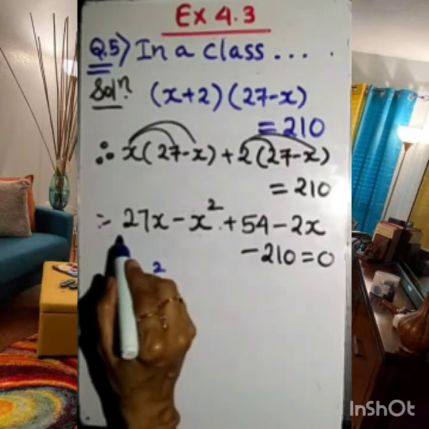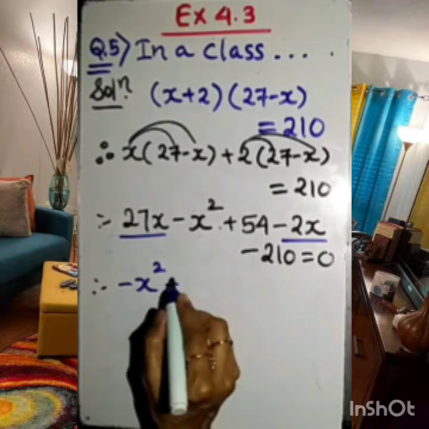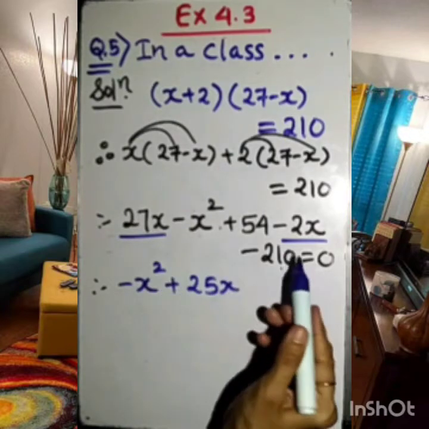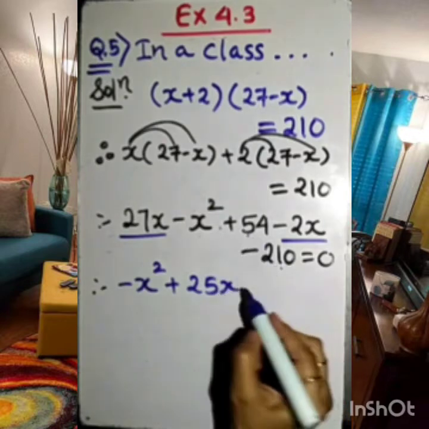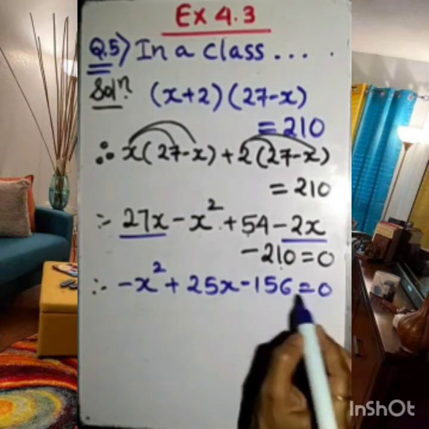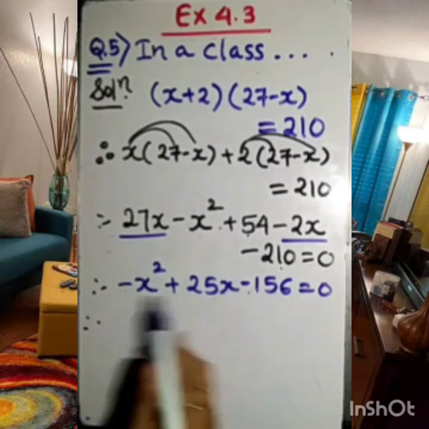What about plus 27X minus 2X? It is 25X. And if I subtract 210 from 54, the answer will be minus 156. So I am taking minus common.